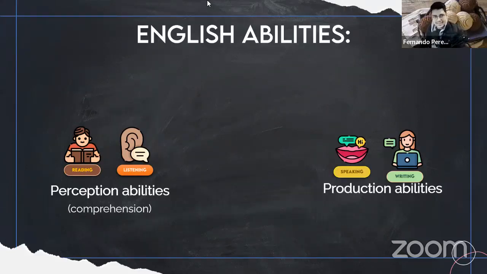In all the previous classes, we practiced with perception abilities. It's time for us to practice with the production abilities.